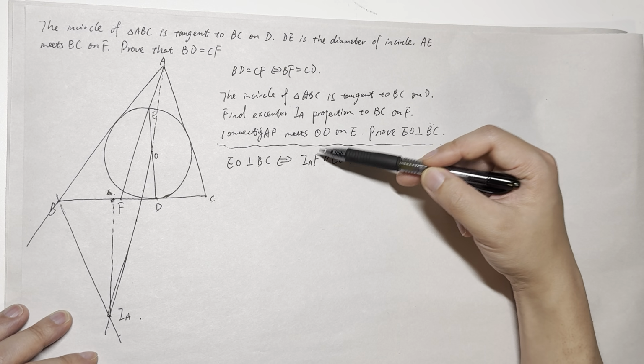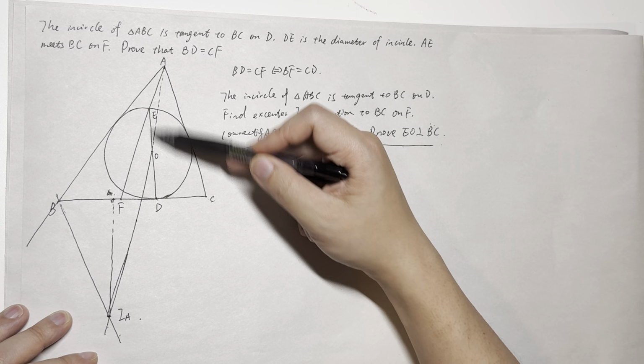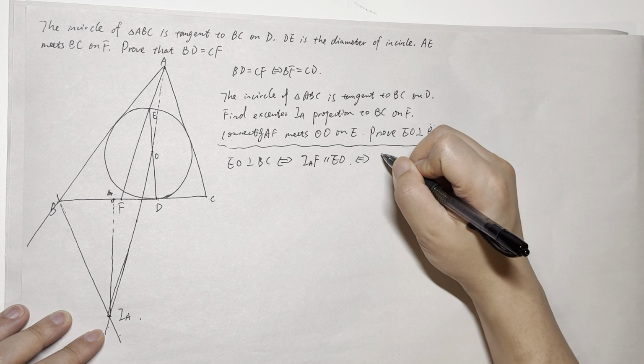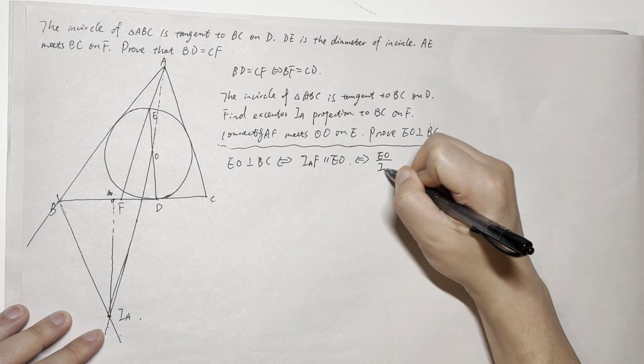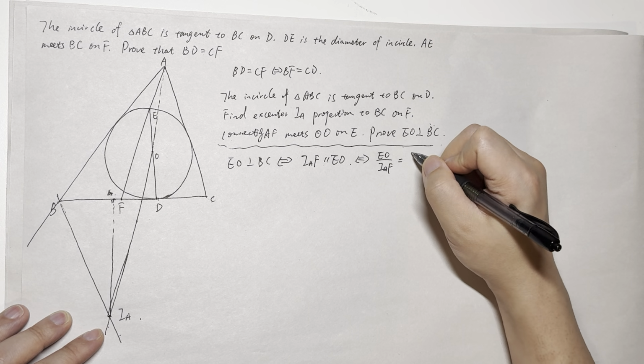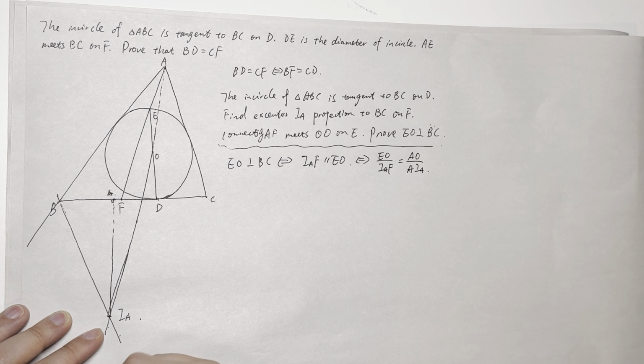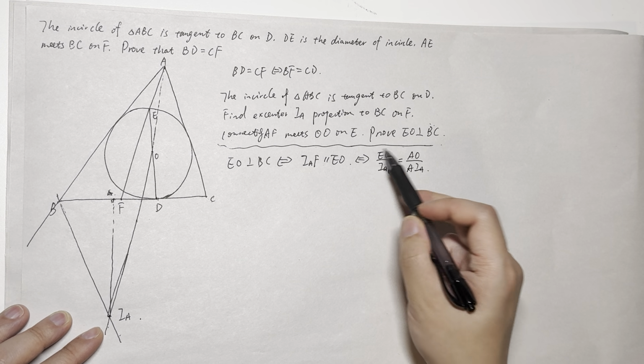So IAF is in parallel with EO is equivalent to that EO to IAF equals to AO to AIA, right? And what is EO?